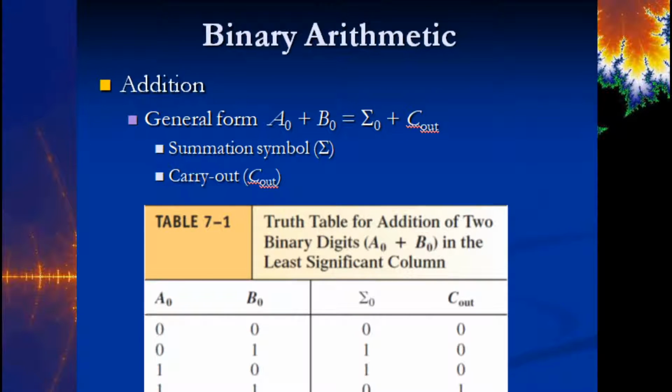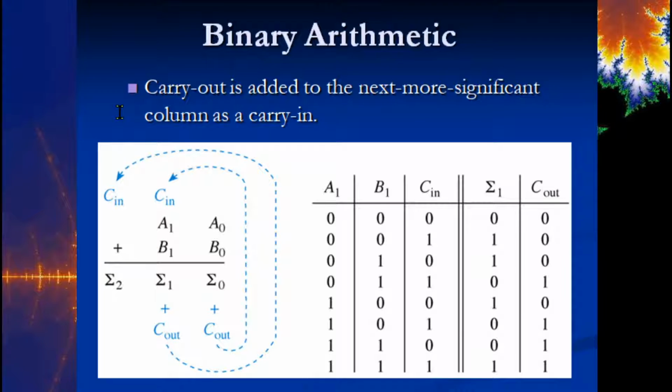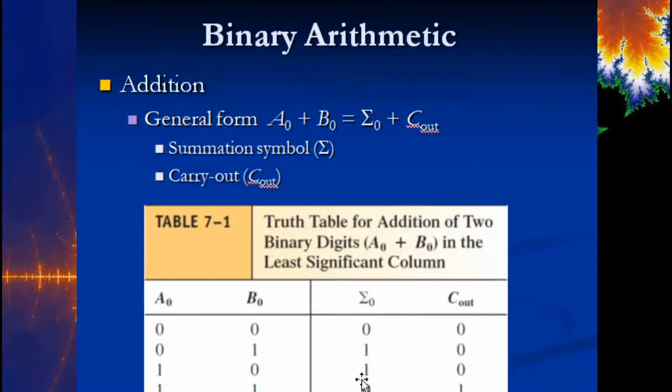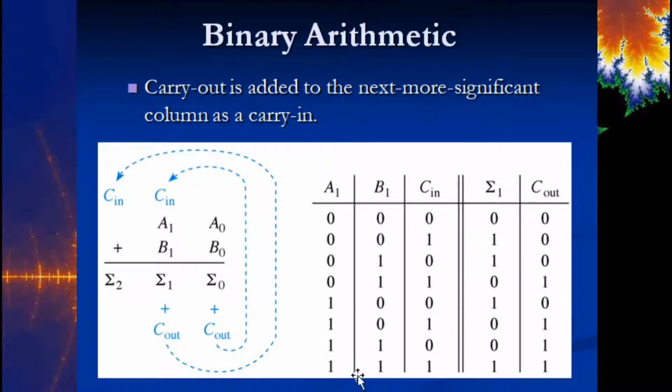We're also going to look at what happens when you have three of them. Okay? And so here we have two binary numbers, and these are binary digits, A0 and A1 and B1 and B0. But we also have this third column now that we have to consider because we're carrying in from the previous column, right? Just like we did in second grade when we started learning how to do this stuff. So the summation and the carryout are the same as this right here, okay? But now we have to take into account this last case, where potentially A1 and B1 are both 1, but then you also have a carry-in.